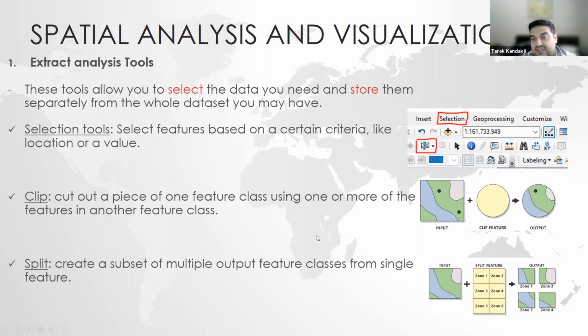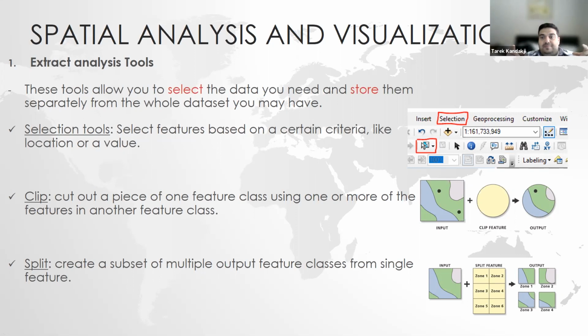I hope this is clear, but basically, if you have a map of a whole region and you have a grid system for that region, you just put that grid system over the map you want, and the output will be these maps cut.